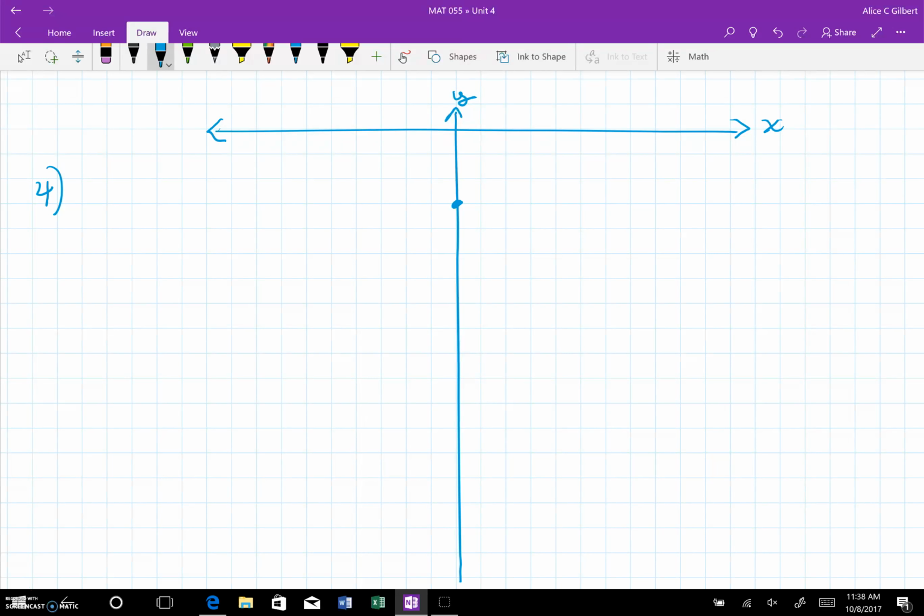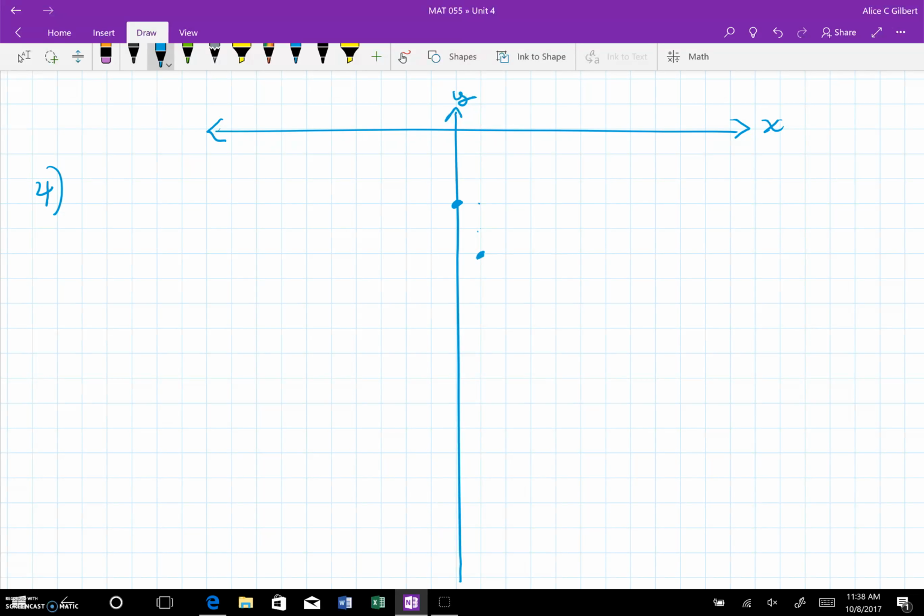So in the parent graph, from the vertex, we go to the right 1 and down 1. But now that second 1, I need to multiply it by 2. So what is 1 times 2? Well, that's 2. So instead of going to the right 1 and down 1, I'm going to go to the right 1 and down 2.